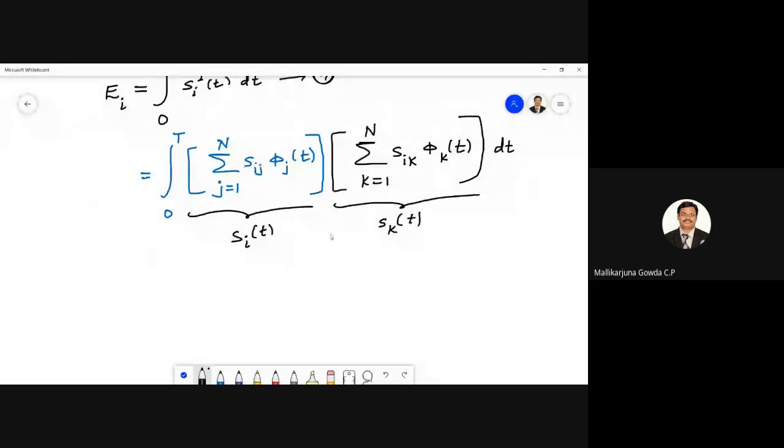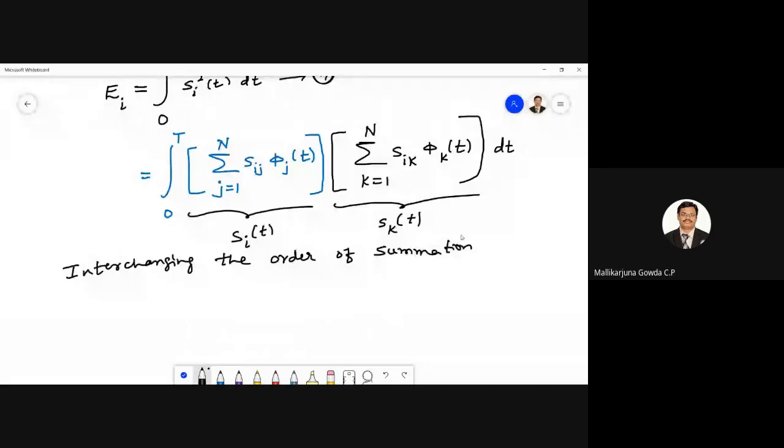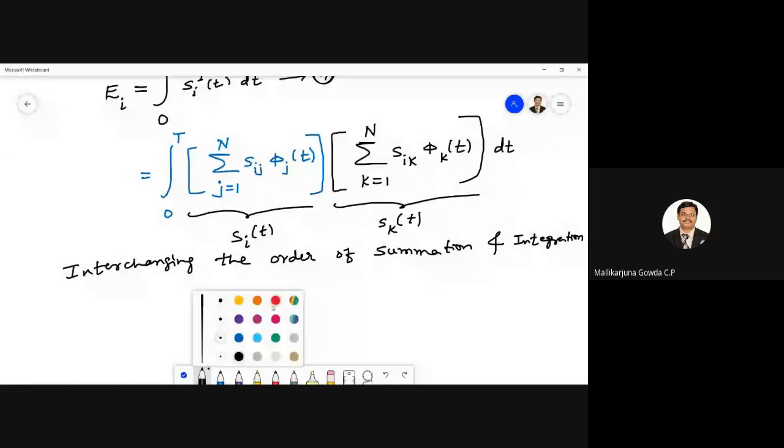With respect to equation 1, I just wrote it in the form of summation. Now, by interchanging the order of integration and summation, what can we write?